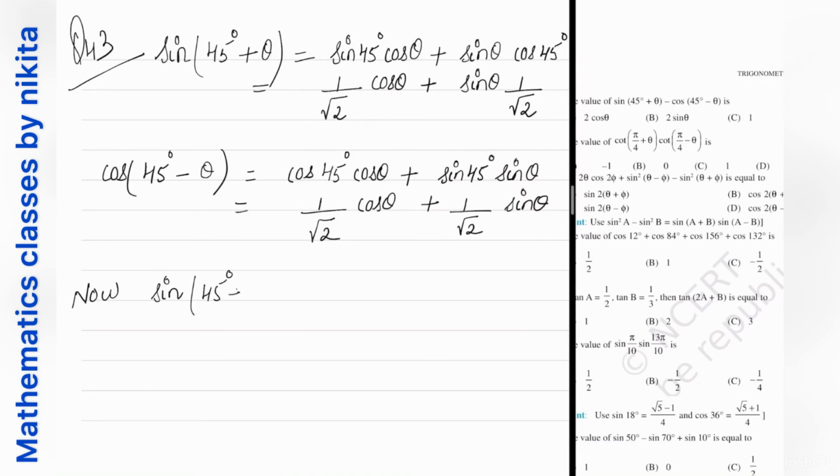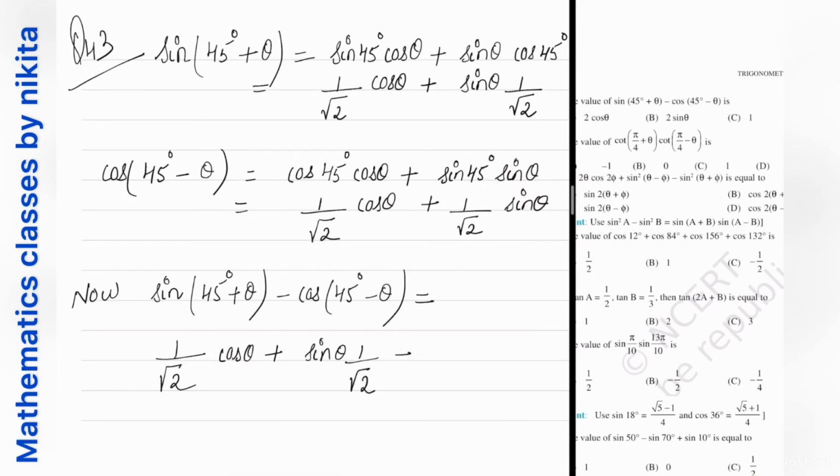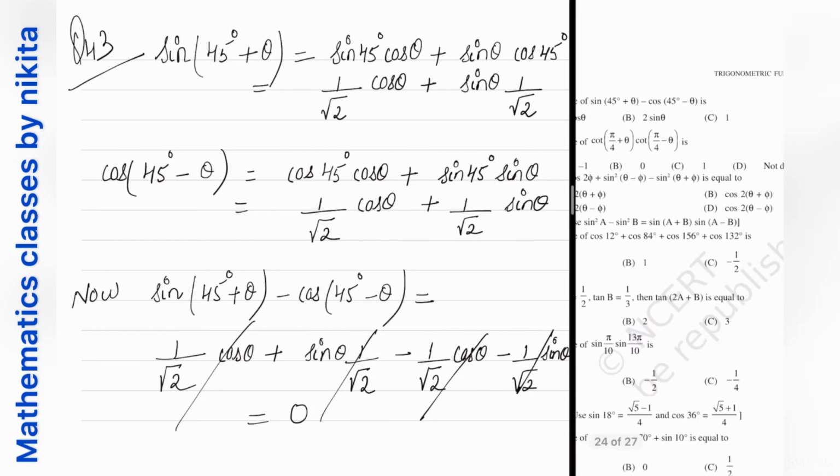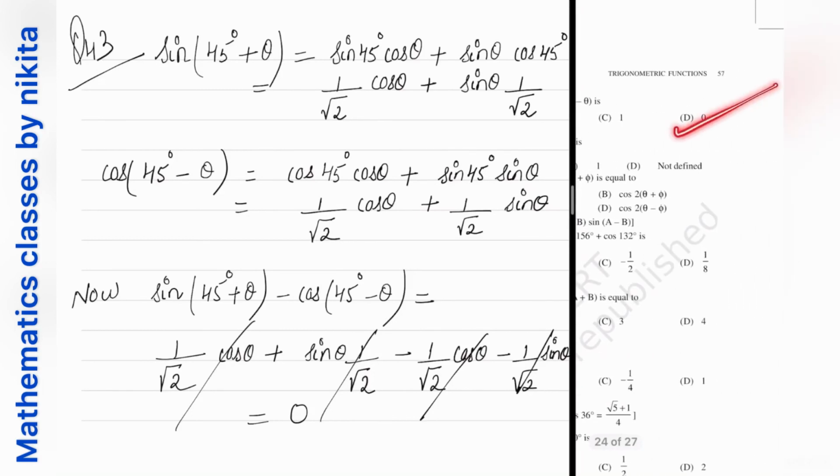So sine of 45 plus theta minus cos of 45 degrees minus theta will be equal to 1 by root 2 cos theta plus sine theta into 1 by root 2, then minus 1 by root 2 cos theta minus 1 by root 2 sine theta. So you can see that this cancels with this and this cancels with this. So you are left with 0. So the correct answer for this is the D part. Okay, so the answer of this question is D part.